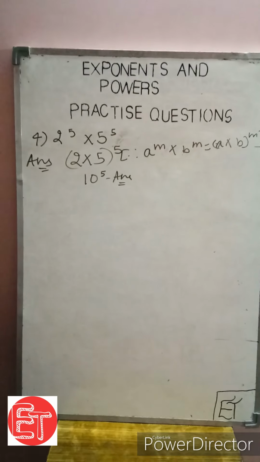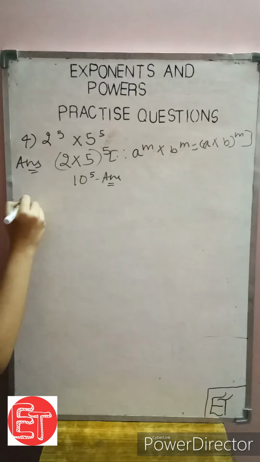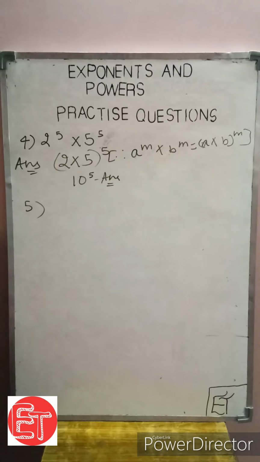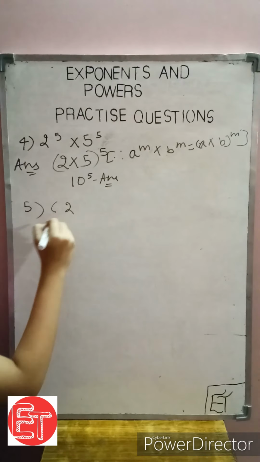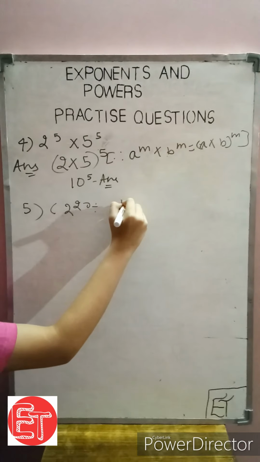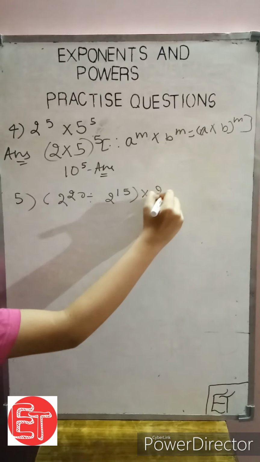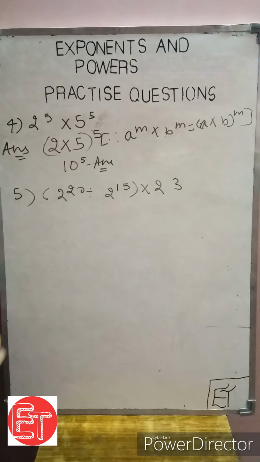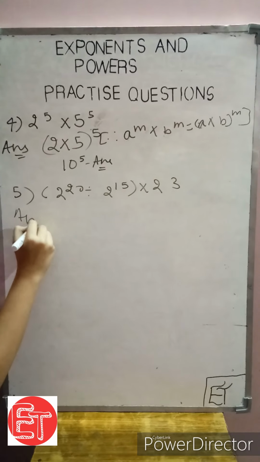Okay. So our fifth practice question is 2 raised to the power 20 divided by 2 raised to the power 15 into 2 raised to the power 3. Okay. So what will we do in this?